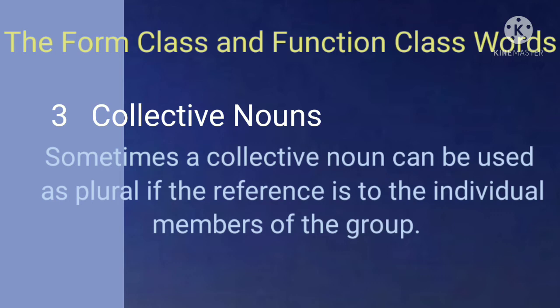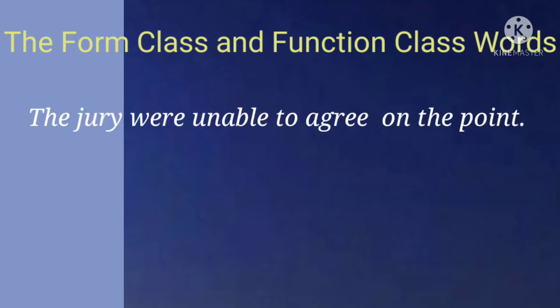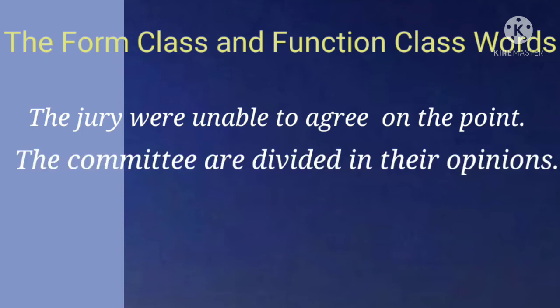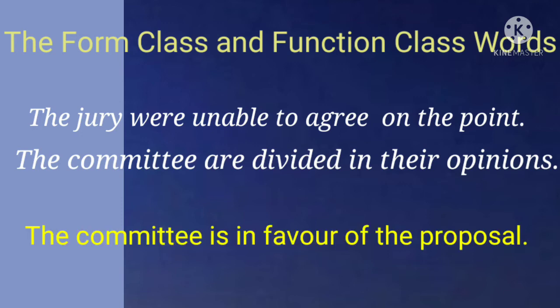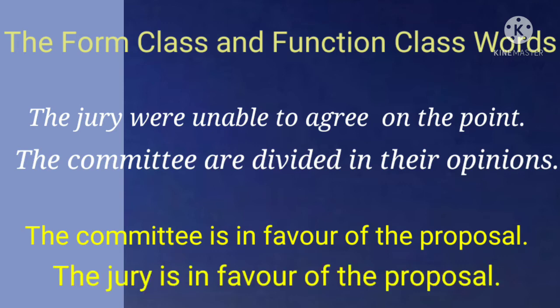For example, you can say the jury were unable to agree on the point, or the committee are divided in their opinions. You can also say the committee is in favor of the proposal. The jury is in favor of the proposal, etc.